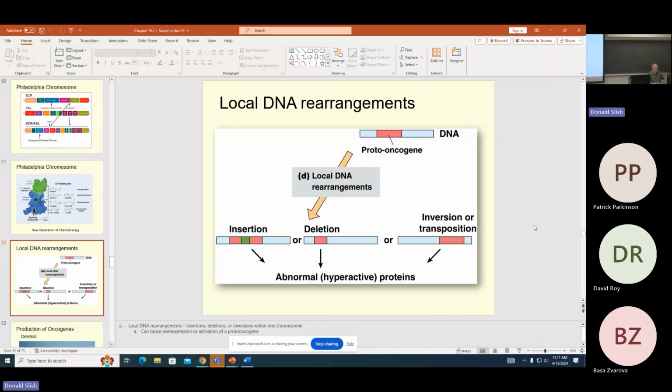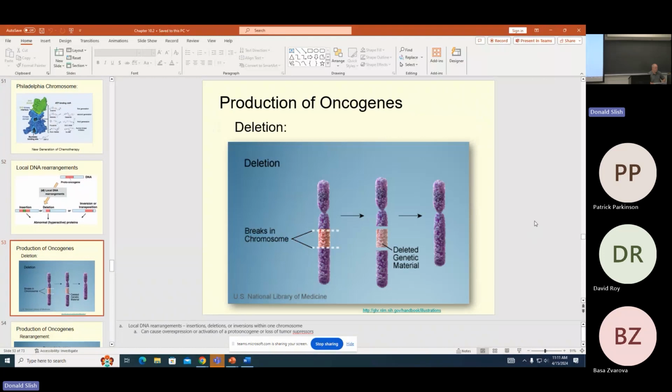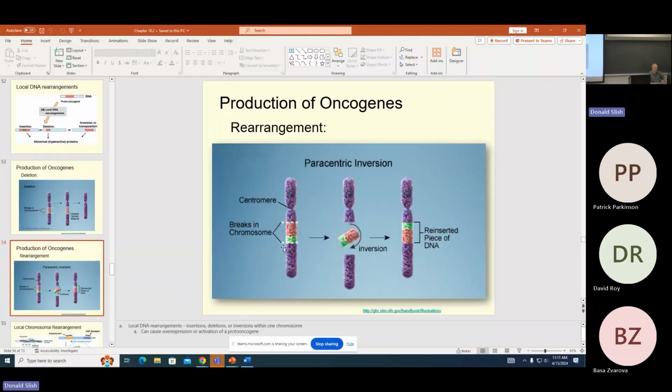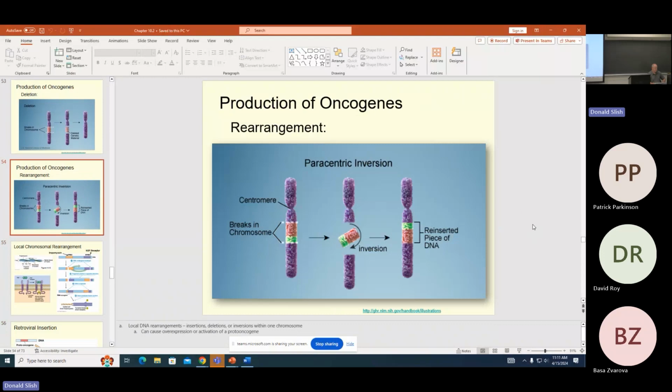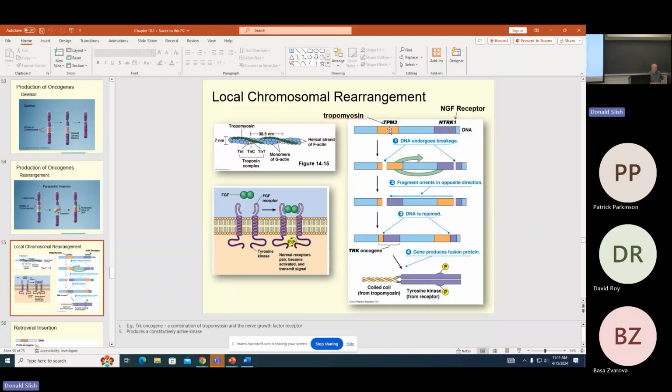Local DNA rearrangement: we're talking within the same chromosome, where a big chunk gets cut out or a big chunk inverts. Another neat example of this inversion is the tropomyosin nerve growth factor receptor, which when it flips around, you end up with the nerve growth factor receptor with tropomyosin on it.